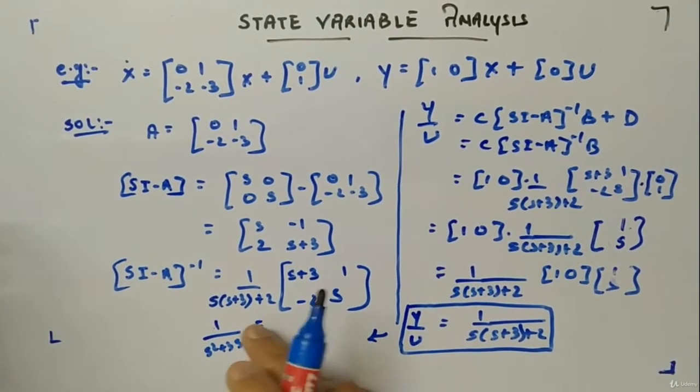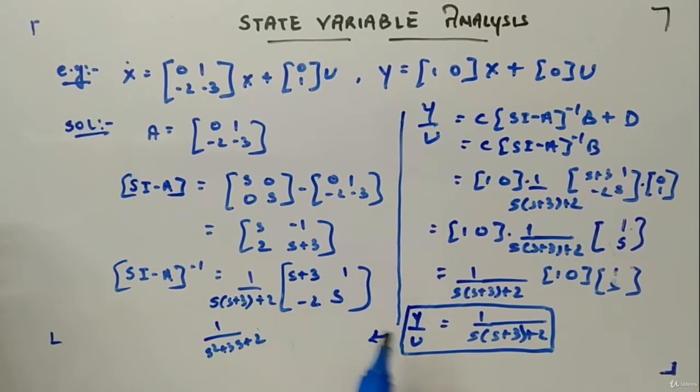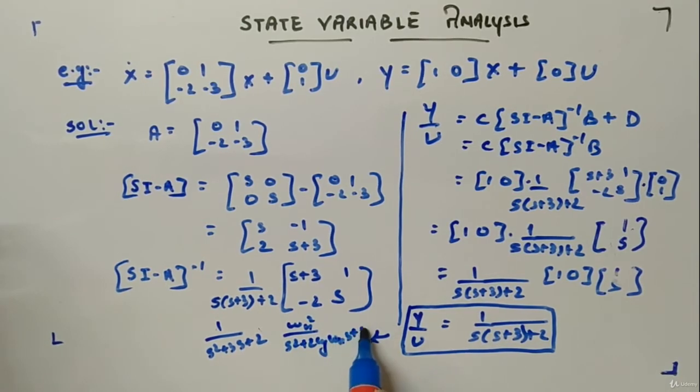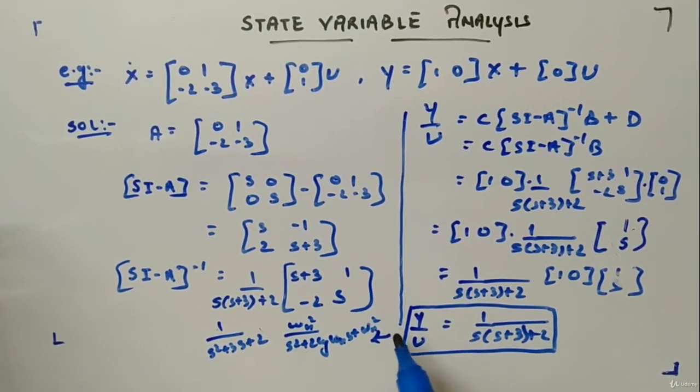So how do we write a second order system? You can compare this with the standard second order system, omega n square divided by s square plus 2 zeta omega n s plus omega n square.